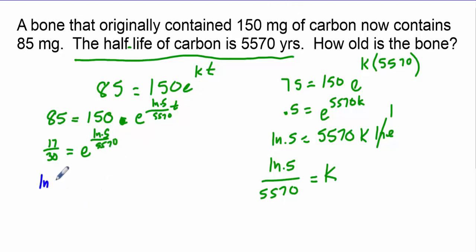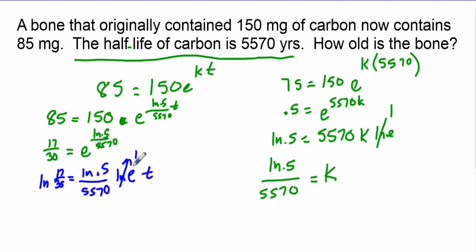So this is the natural log of 17 over 30 is equal to the natural log of 0.5 over 5570 times t times the natural log of e, which again I know is 1.